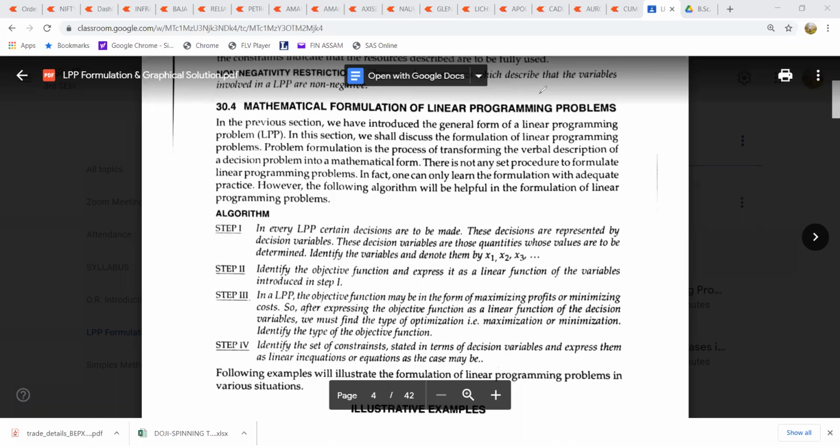Using those, and using the conditions given in the problem, you need to write the objective function. Right after writing the objective function, you need to write the constraints related to the problem.